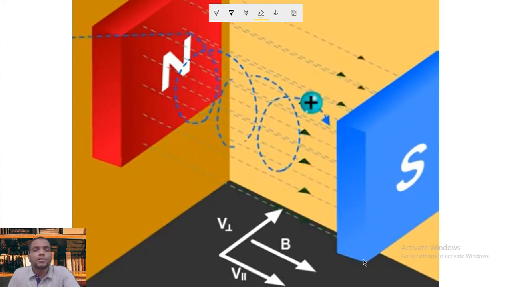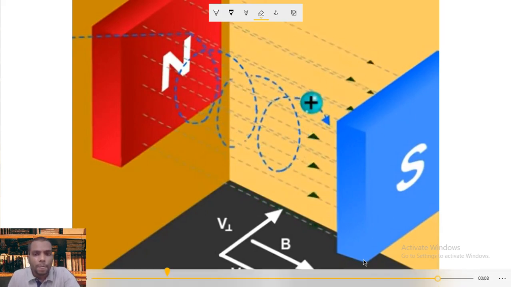So this is all about the force on a charged particle in a uniform magnetic field. I would like to show one of the real experimental demonstrations of how electrons take a circular path. Here is the real experimental setup.